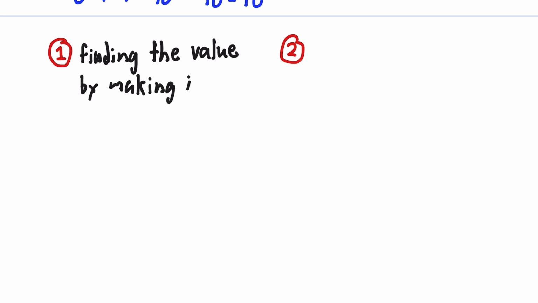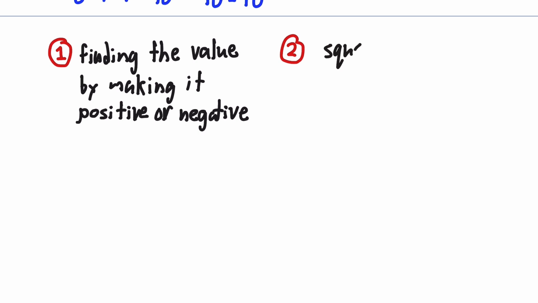The first method is finding the value by making it positive or negative, and the second method is squaring both sides.